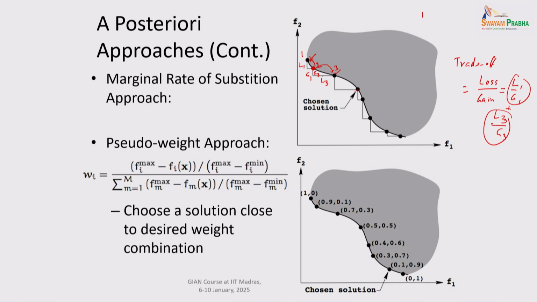So every point will have a different L by G. How about this end? How do I compute it, because there is no neighbor on one end? You just do one-sided. You find L by G for moving to this, and that's it. There is no average. Same thing here. But I can now define an L by G for each of these points. Make sense? Now each one of them has this trade-off value.